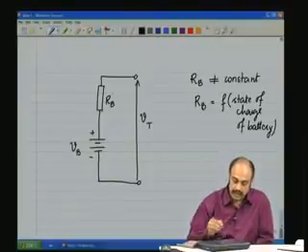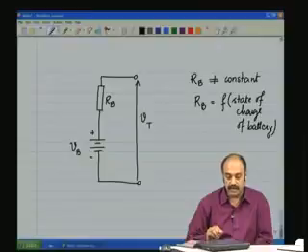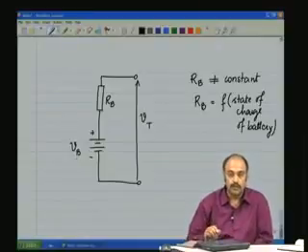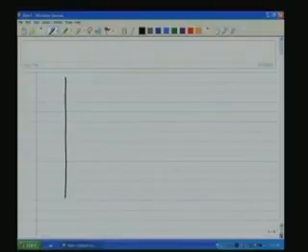So how does the IV characteristic for a battery, a practical battery such as this, look like? Let us now draw the IV characteristic of this practical battery that we have been talking about. A battery which is composed of an ideal voltage source, DC voltage source, in series with the series resistance RB.